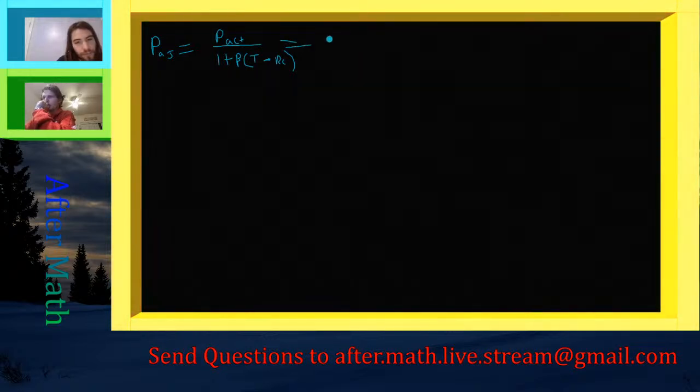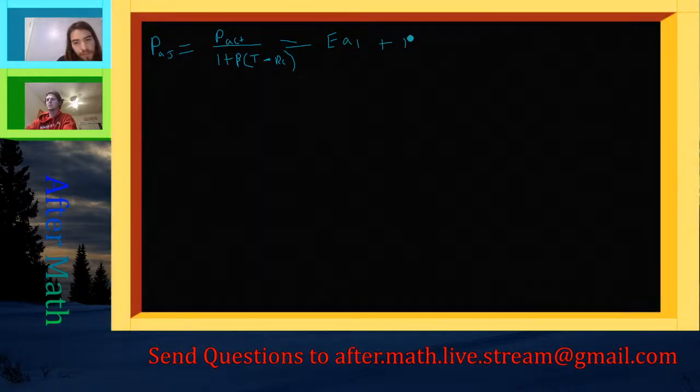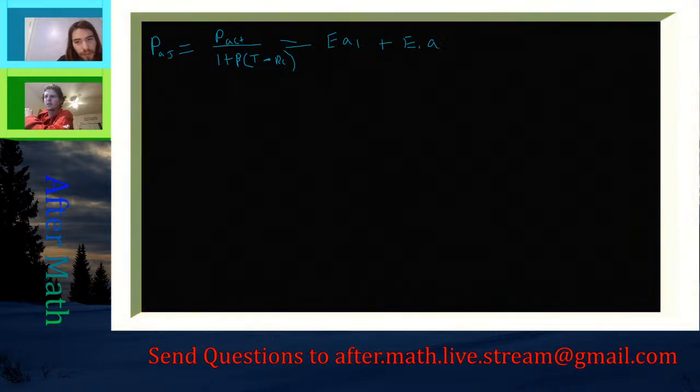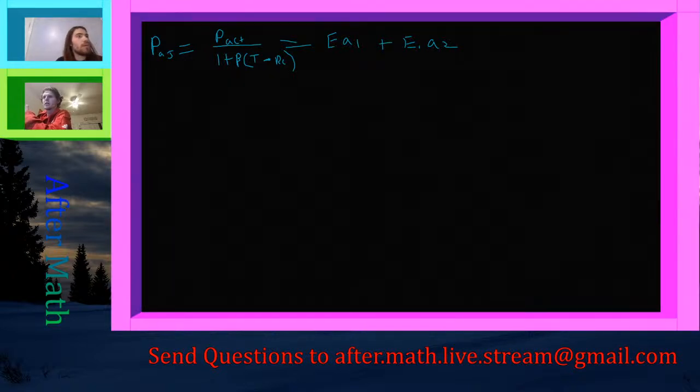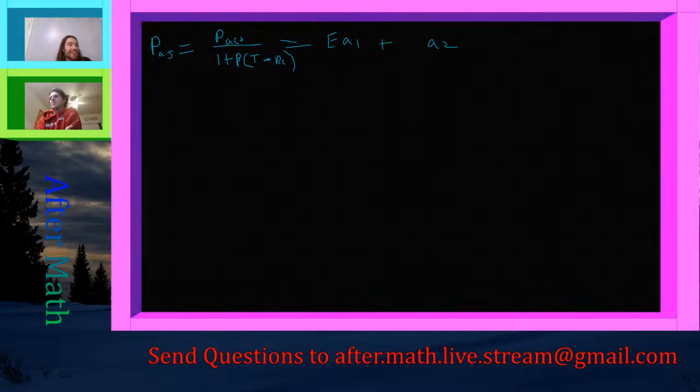And this is equal to E, which is the irradiance of the sun, A1, that's subscript, we don't want that, A1 E, no, stop, no subscript, A2. Oh wait, there's no E there. It's just A2.